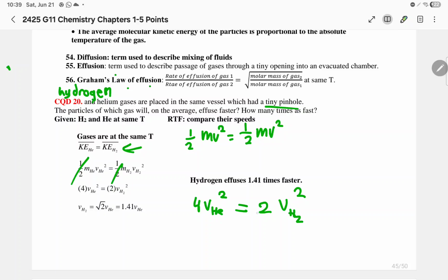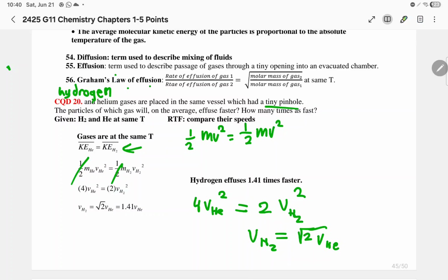The volume of hydrogen is equal to the volume, I mean velocity, my bad. This is velocity, not volume. I've been saying volume this entire time. Compare their speed. So the velocity of hydrogen is equal to radical 2 of the velocity of helium.